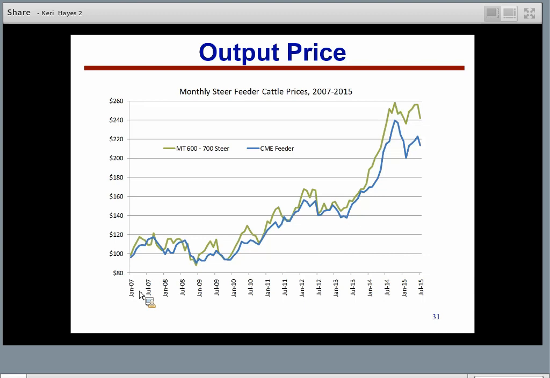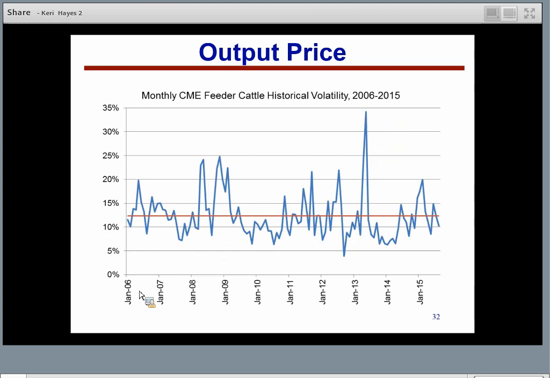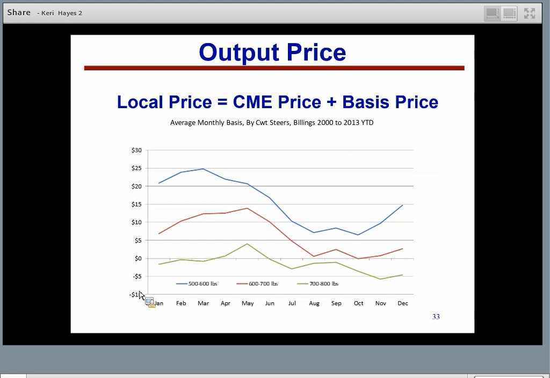So again, we have these same measures of volatility. Volatility in the cattle market seems to be a little bit lower, with an average volatility of around 13% or so. And there is, again, an amount of basis depending upon your weight, and there's also some seasonal components to basis.